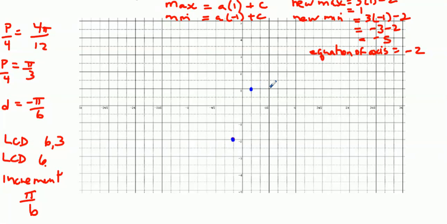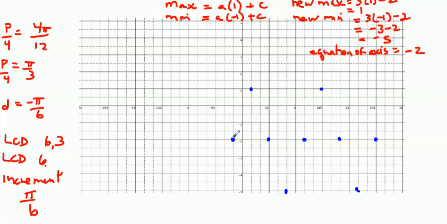I'm going over 2 more squares, because that's my quarter period, and I'm going to go back down to the equation of my axis. 2 more squares gets me down to my minimum, which I figured out was negative 5, so down here. 2 more squares back up to the equation of my axis, 2 more squares back up to my max, 2 more squares over to the equation of my axis, minimum, and then back. The last 2 squares is going to get me here.